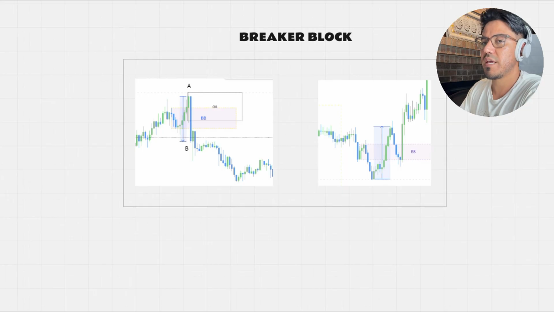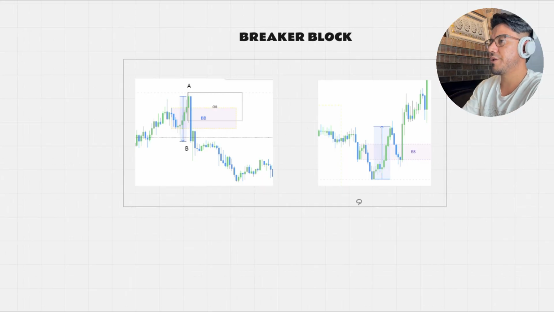This high is taking the liquidity of the previous high, and it is also displacing through the breaker block. So it is confirmed that we have our breaker block in a bearish trend.